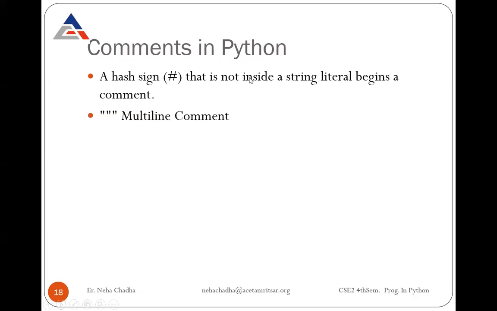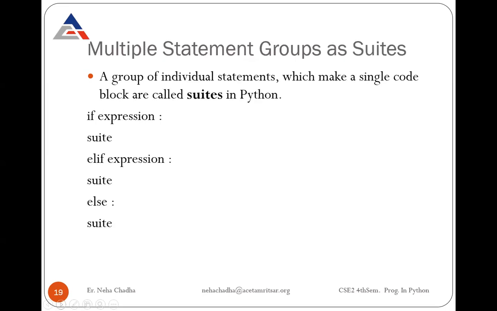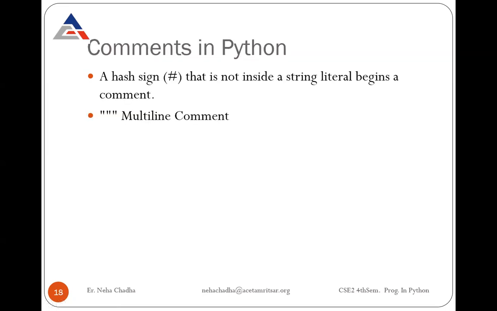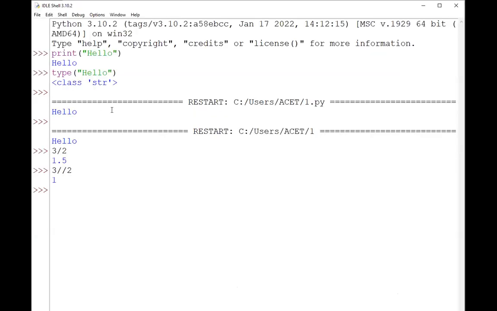Comments in Python: when you are going to give a single line comment, you will use the hash sign. When you are going to use a multi-line comment, you will use triple quotes in Python. Firstly, I will share the IDLE and write one program.